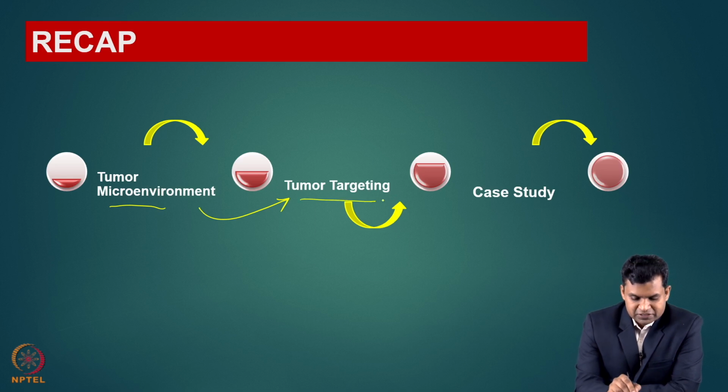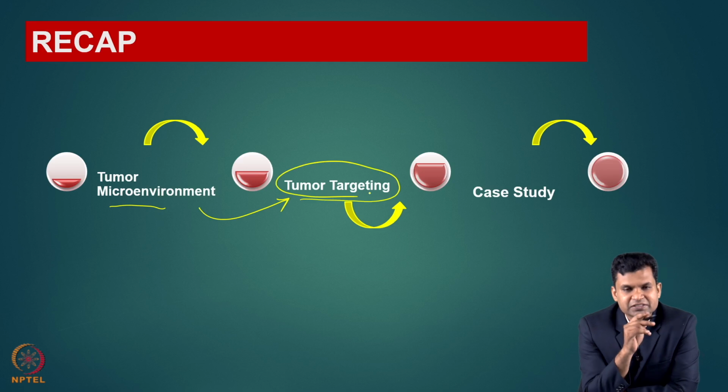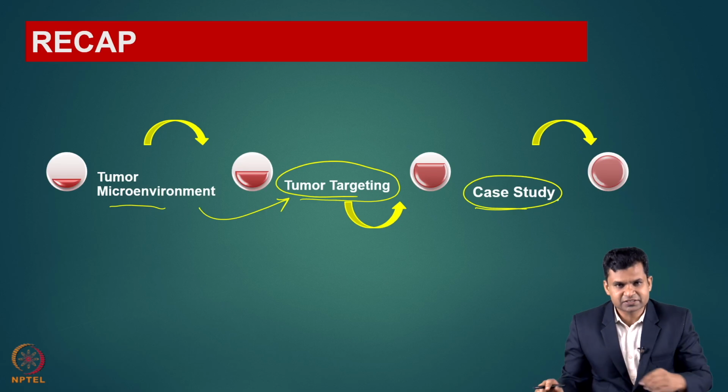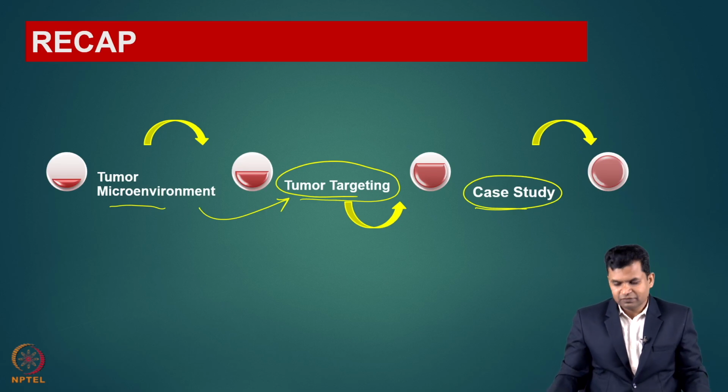Here we discussed various tumor targeting strategies, in that active targeting, passive targeting, and other cell and organ based targeting strategies. And then we saw one case study of tumor targeting with the folic acid targeted approach.